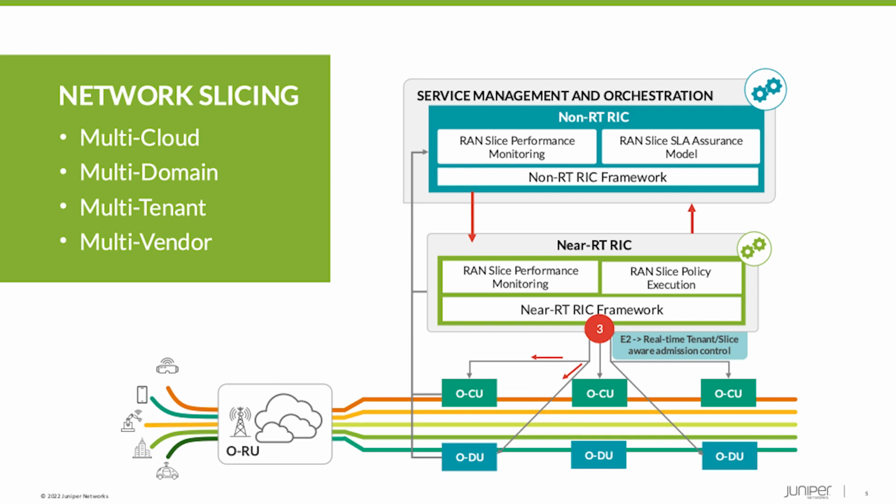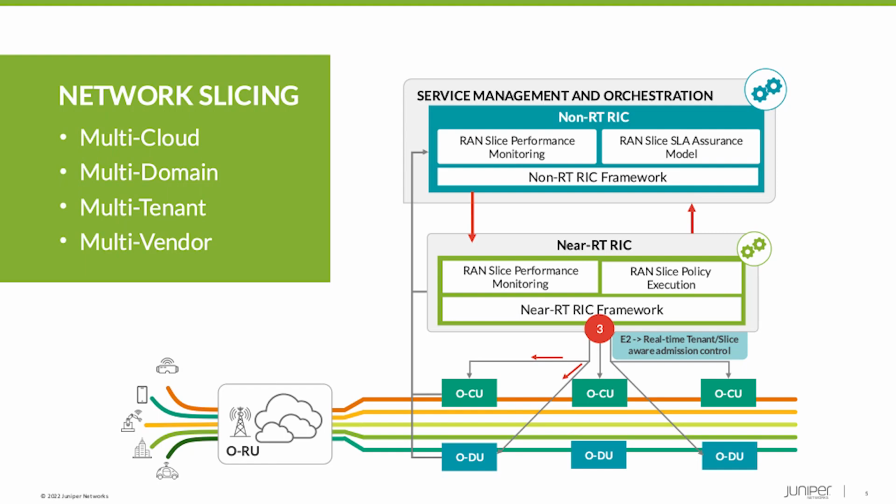Non-real-time runs what are known as rApps, which are responsible for providing functionality such as slicing, which defines slices for each of the virtual networks based on tenants and use cases. And then it makes sure that, based on that, it calculates the SLA policy, the slice policy, that it can hand off to the xApp running on the near-real-time RIC, which implements those by making configuration changes, allocating PRBs, and so on.